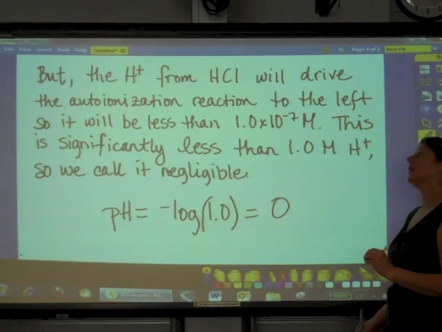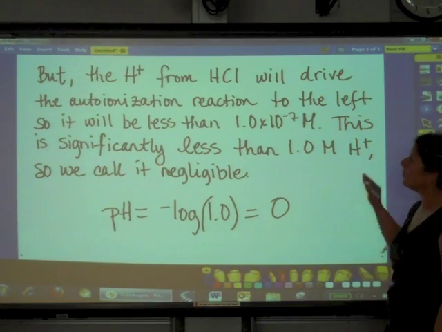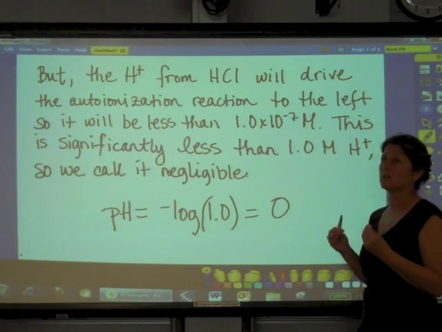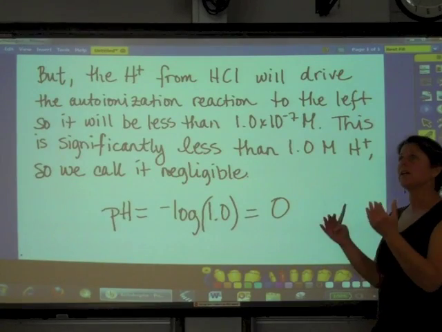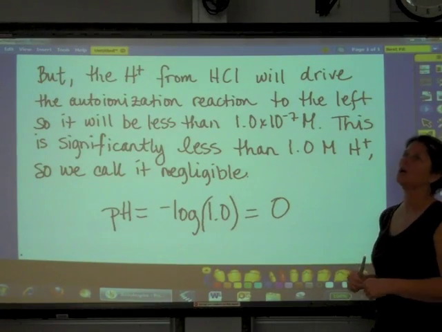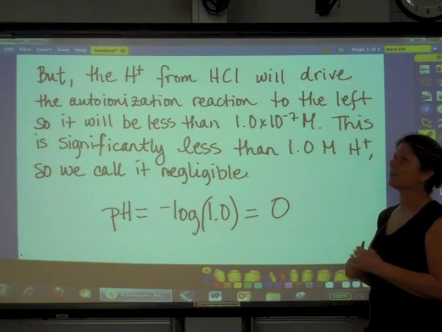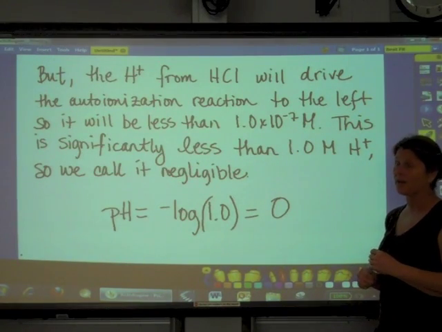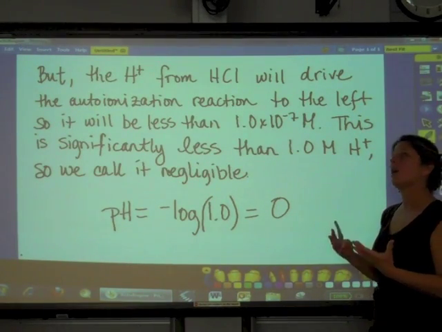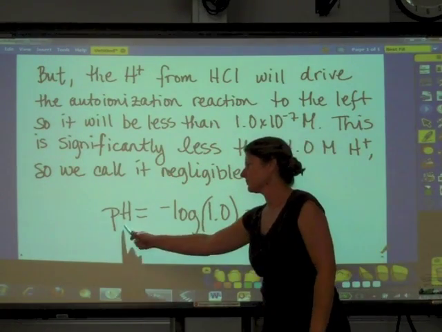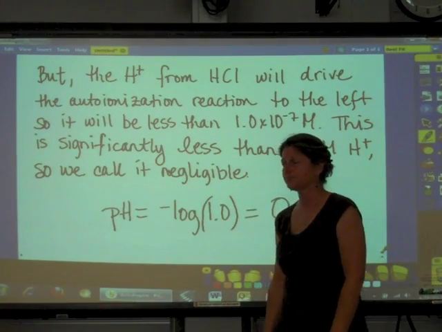And so it's important that we have a process in place to start thinking about what do we have in solution, what is a significant source of hydrogen ion, what's not a significant source of hydrogen ion, so that we know what we're going to use to find that pH. All right, that's all.